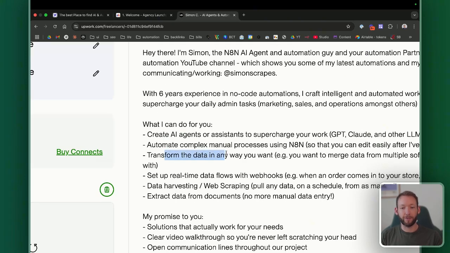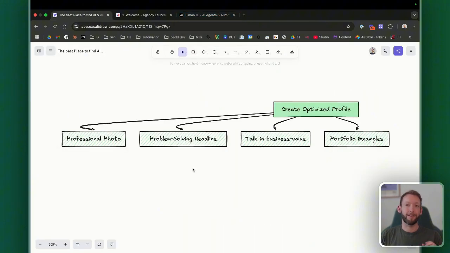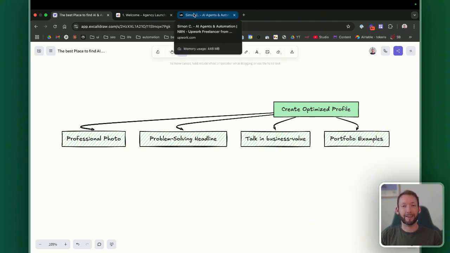So saying things like transform the data in any way you want, or extracting data from documents, instead of the photo is something that's going to be seen on every single proposal you send. So it is number 1 in creating a good profile. Number 2 is actually just conveying some character, talking in business value, and highlighting exactly what problems you solve.